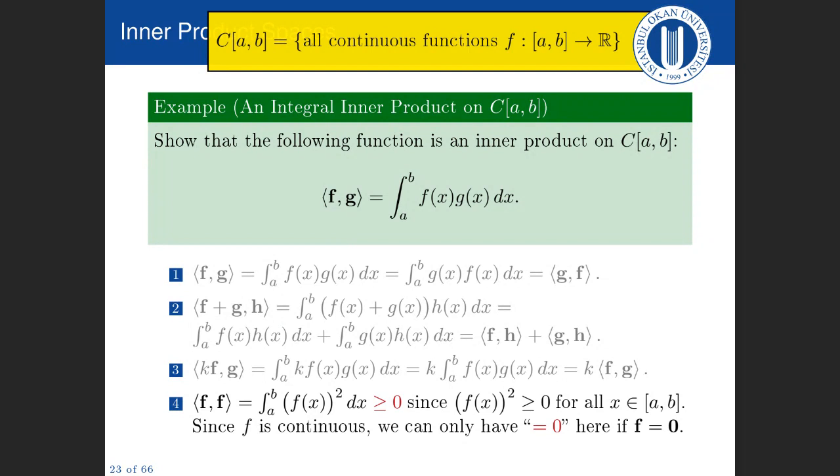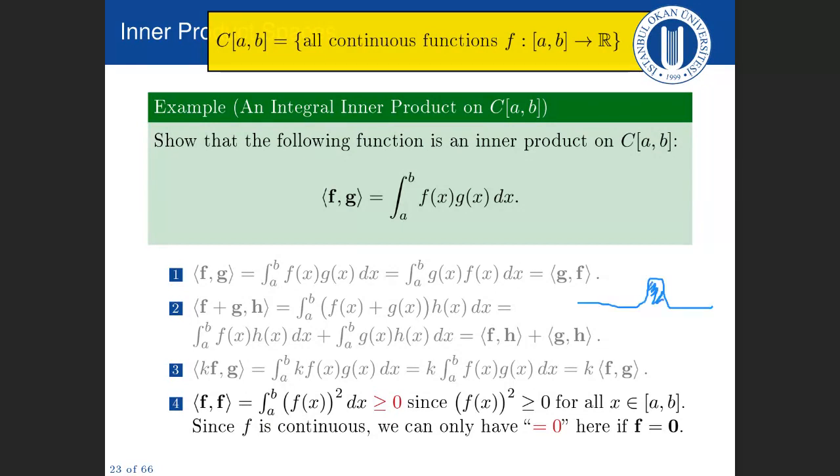An integral of a function squared must be greater than or equal to 0. We know this from calculus. If we integrate a positive function, then our integral must always be positive. And how can we prove that it's equal to 0? Well, because it's continuous. If the function has some sort of bump in it, like this, then there must be some area underneath it.